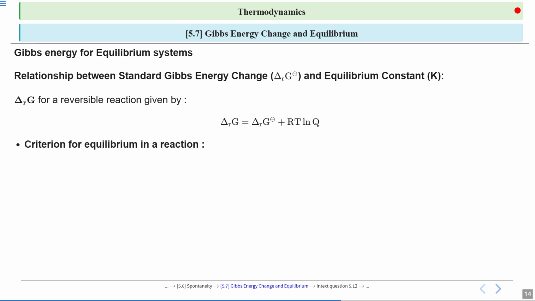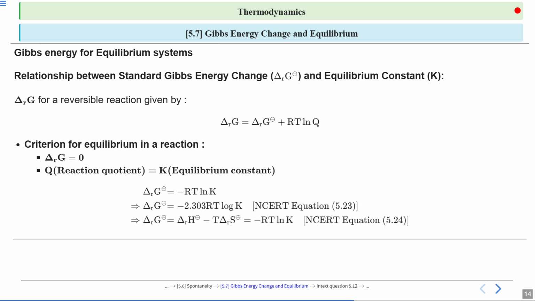Basically, at equilibrium, delta G becomes 0, meaning the Gibbs free energy change becomes 0. We have seen it. Then the next thing is that Q is equal to K. Q is a value which we get at a non-equilibrium state, and K is a value which we get at the equilibrium state. We will talk about how we get it.